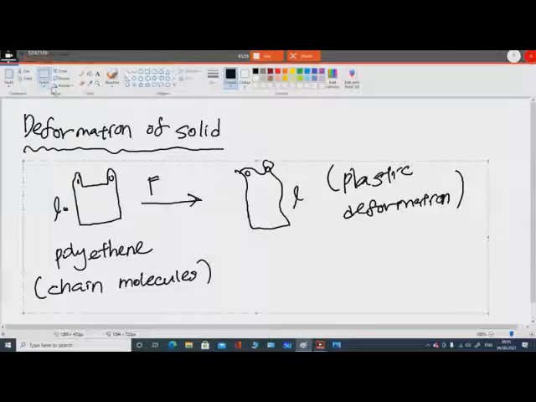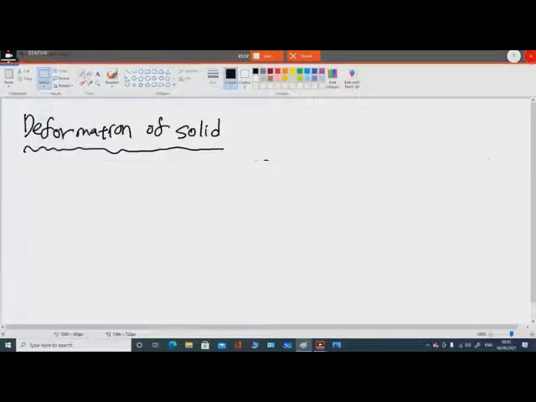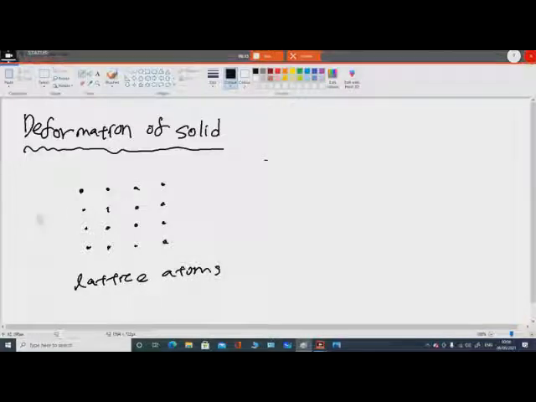So in terms of the lattice atoms, let's say this is the lattice of atoms for the object. What if I apply a large force here?